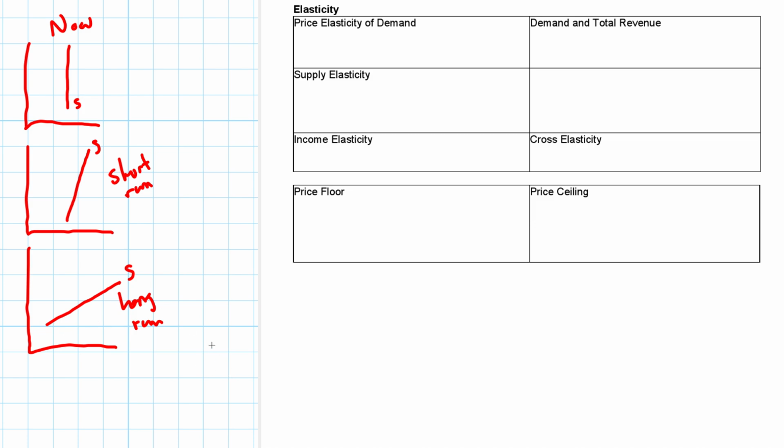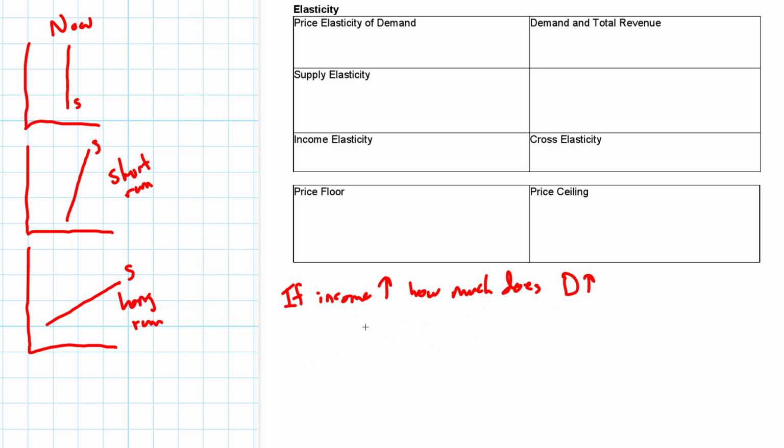Income elasticity is this idea: if your income goes up, how much does your demand go up? Sometimes it'll decrease.